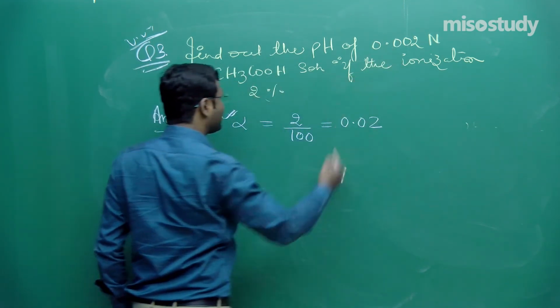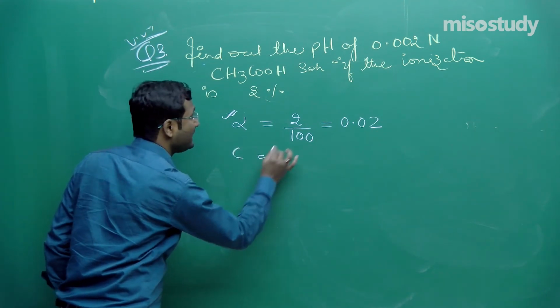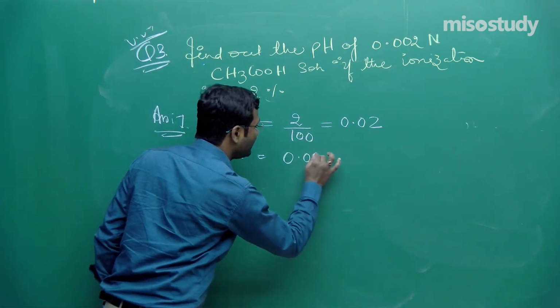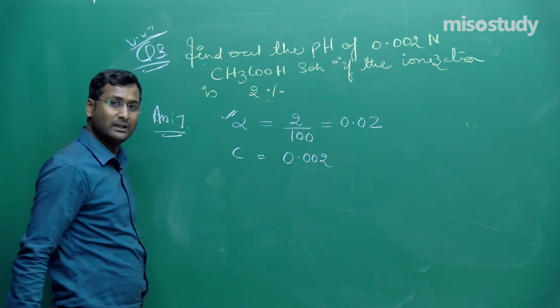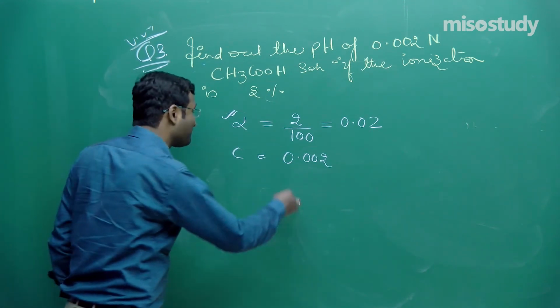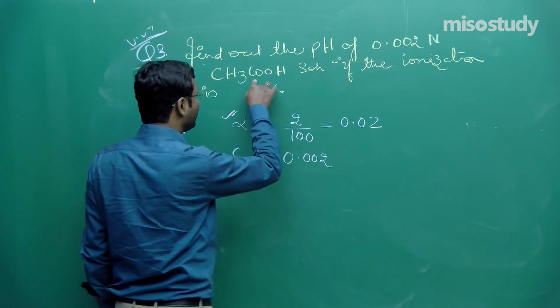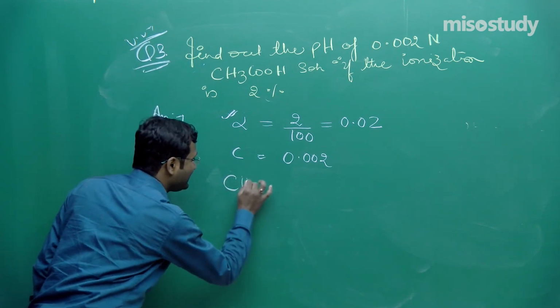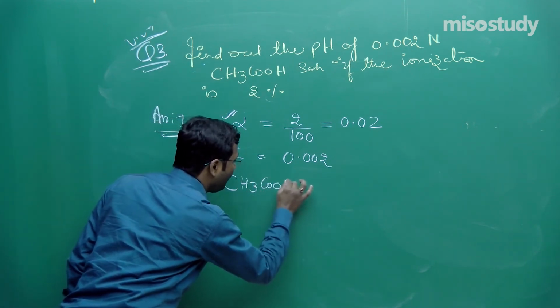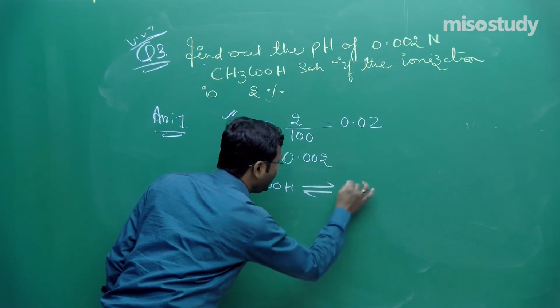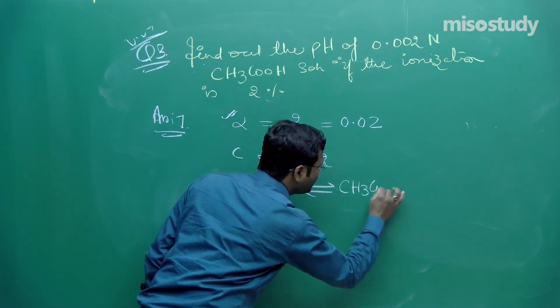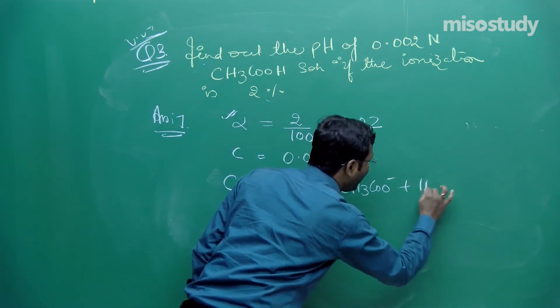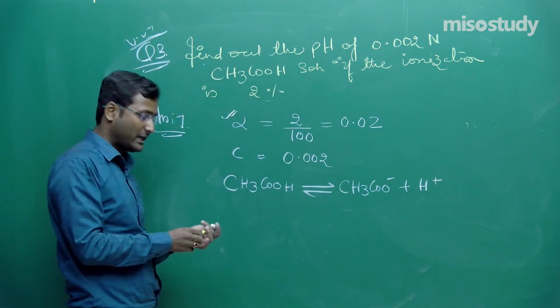Now the concentration C is equal to 0.002. Now what will happen? We have to find the H plus ion concentration because it is acetic acid. We can write CH3COOH. After dissociation it gives CH3COO minus and H plus ion concentration. Are you getting my point?